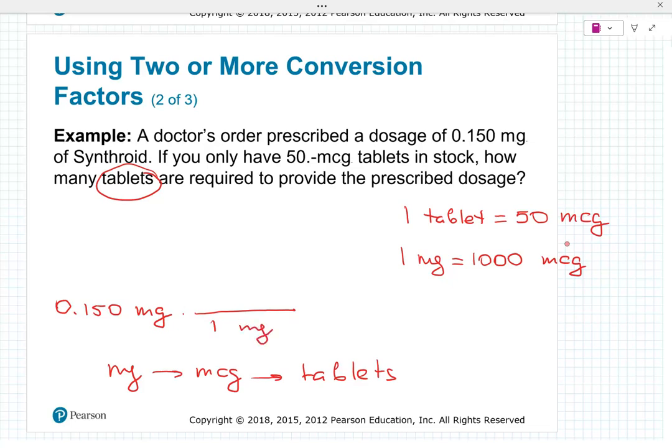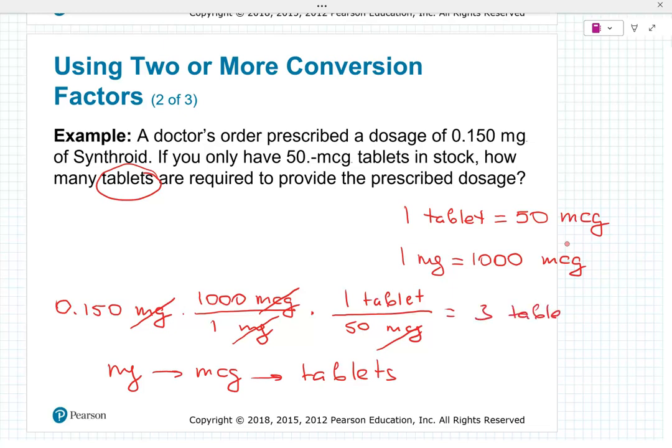From milligrams to how many? That checks out. And then from what? 50 micrograms to 1 tablet. Okay? Good?